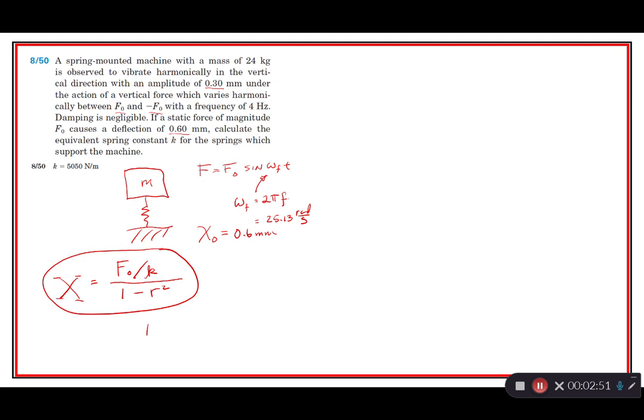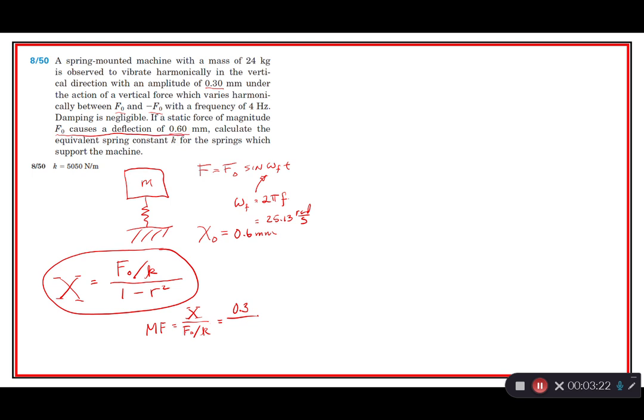And we could have a magnification factor equal to this right here, and F0 over k. But the amplitude is 0.3 millimeters, and if you take a look at the denominator here, they said that F0 causes a deflection of this right here.